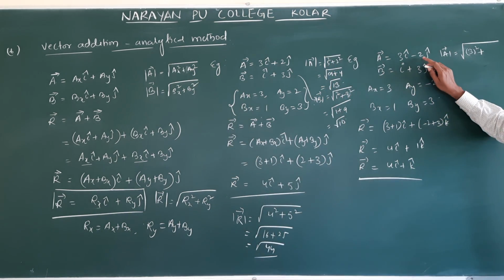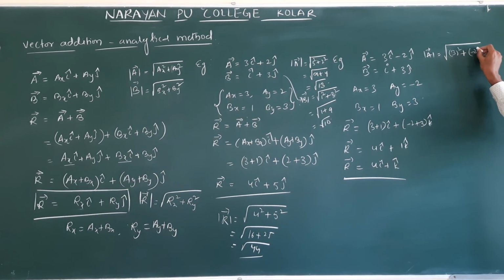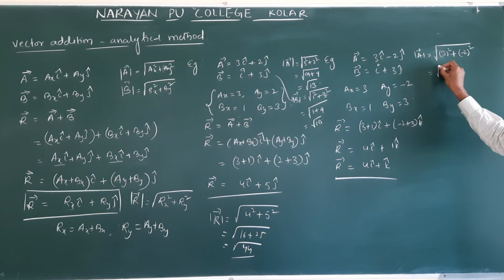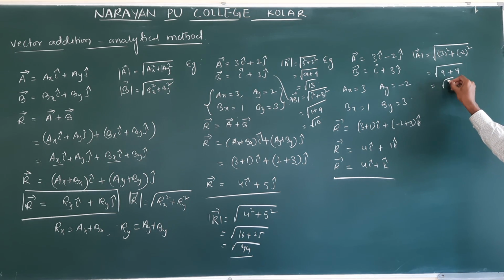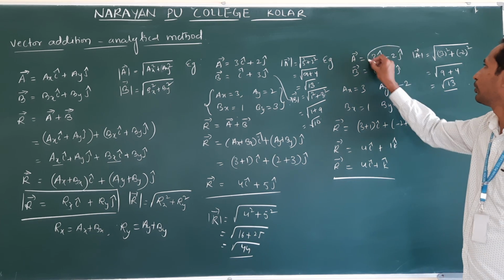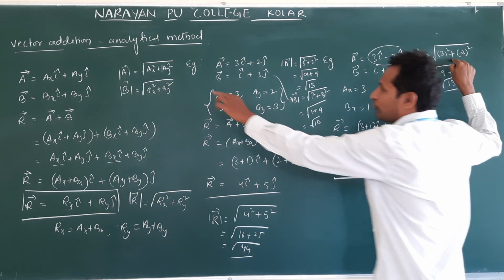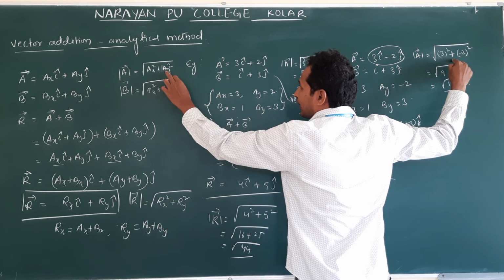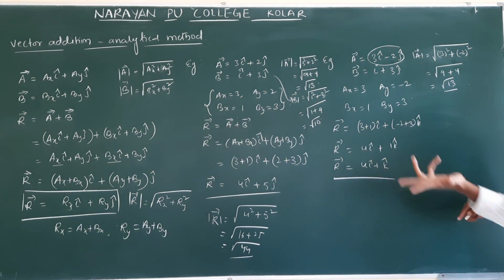Understand? Next, what is there in Ay? Ay is what? Already we wrote minus 2 whole square. So under root of 9 plus 4, root 13. Understand? In this, minus is there, don't write minus here. This plus is given in the formula. Clear? Ay square is minus 2, make it square.